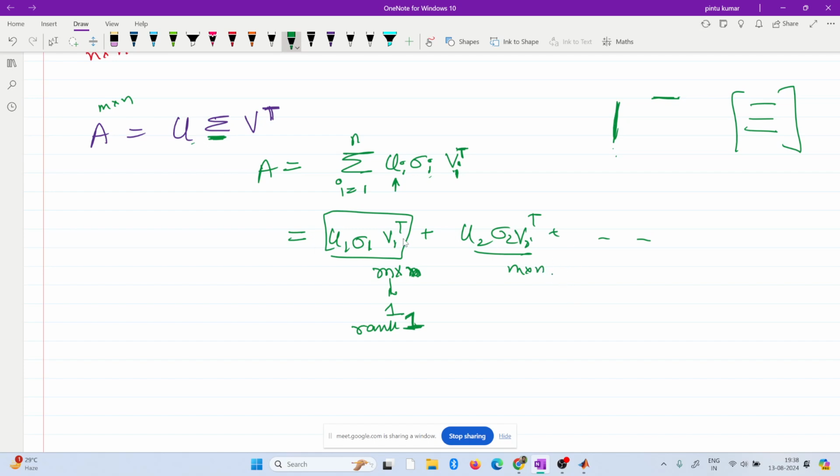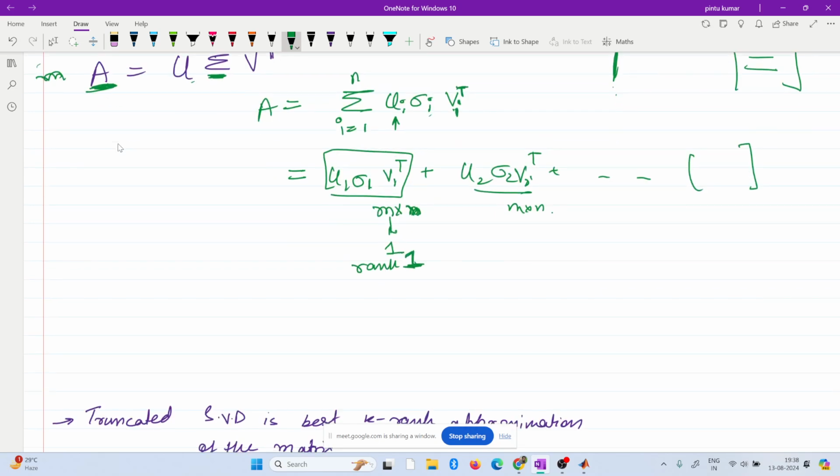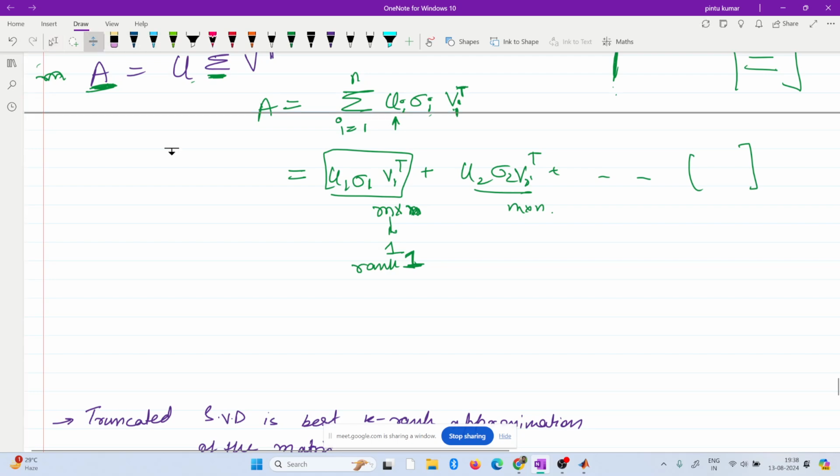So if the rank of A is n, then you will have n such matrices of rank 1, which can be summed together to obtain A of rank n. This is what you can obtain via singular value decomposition.